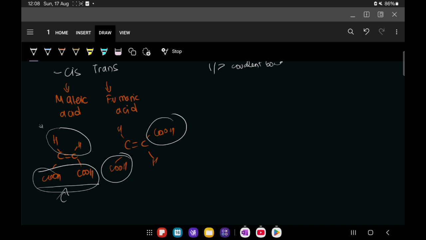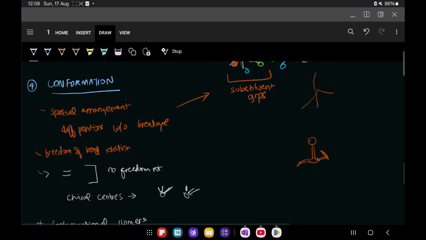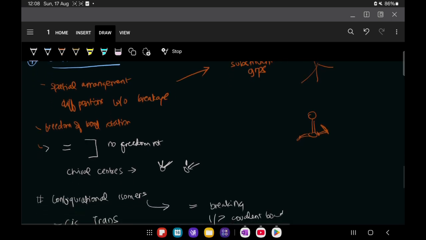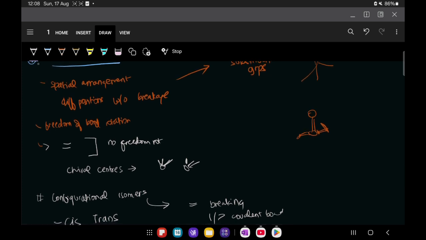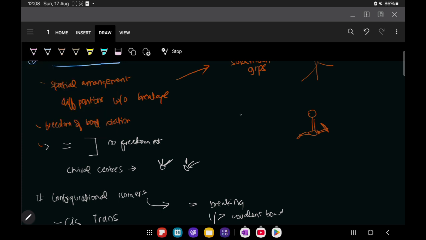Alright, so the clear difference is that we also have conformational isomers where there would be no bond breaking. Why? Because there is freedom of rotation.